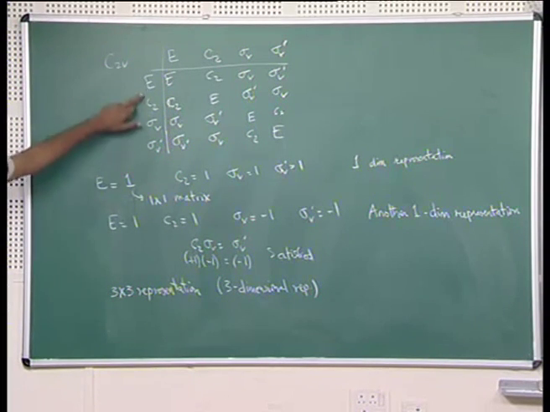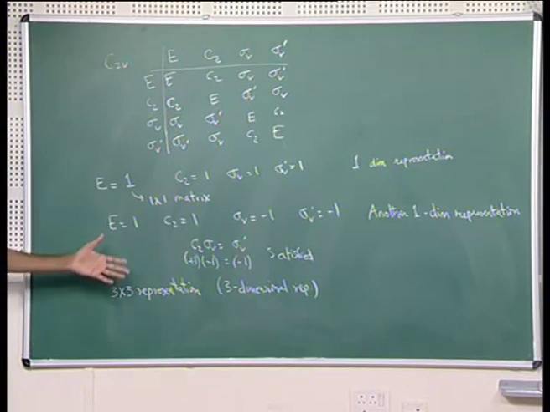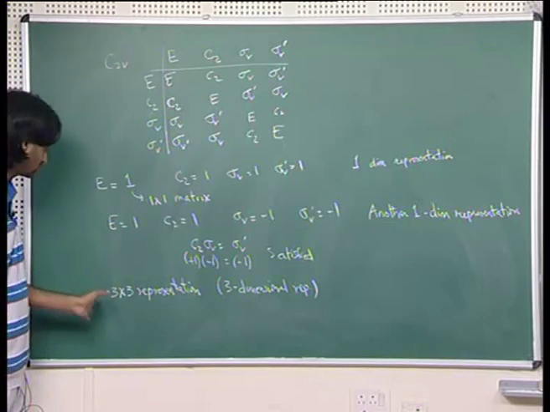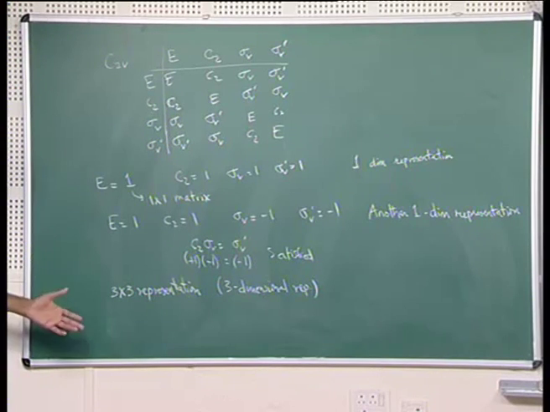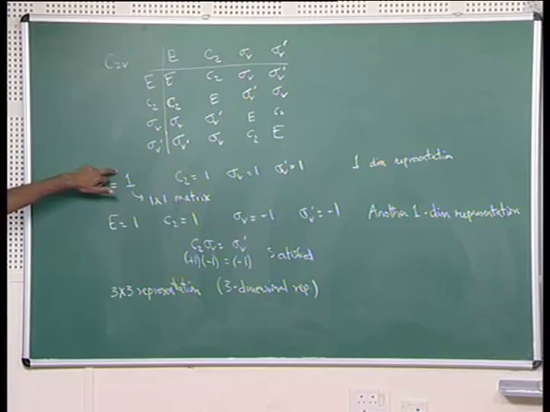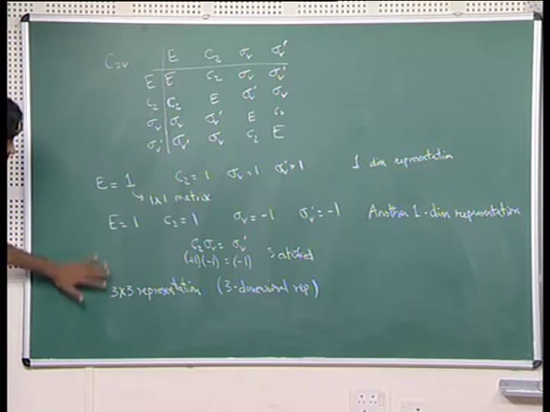If I had used a 3 dimensional representation for this group, then what you can show is that it will actually factor. So, the set of 3 dimensional matrices can be factored into smaller matrices. Okay. So, we could have used a 3 dimensional representation, and here we used 1 dimensional representations. And what we want to see is whether there is any fundamental difference between various representations.